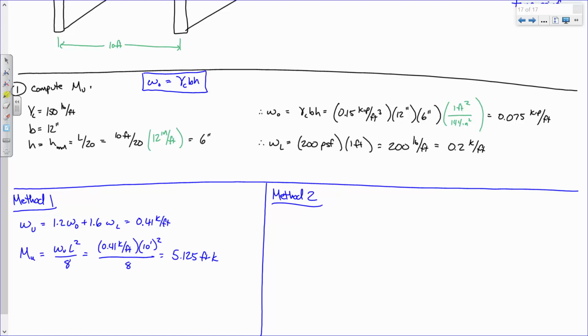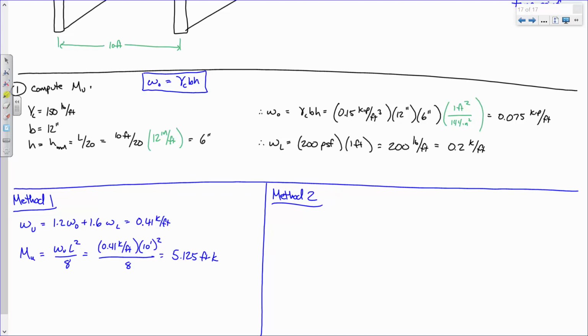Now, that's our first method. The first method is to just factor the loads and then use those loads to compute a moment. Now, the second approach, it's going to seem like I'm doing more work than is necessary, but there's a point I want to make.